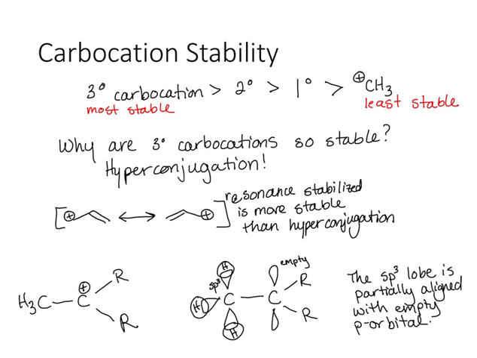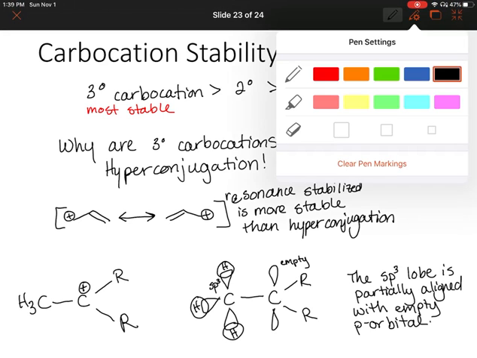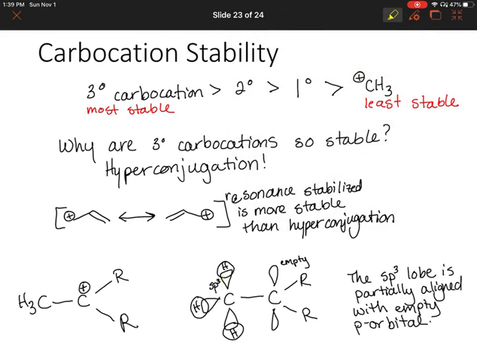And this is going to actually stabilize that p orbital that's empty. So we create kind of a stabilizing force there between the empty p orbital and the sp3 lobe.